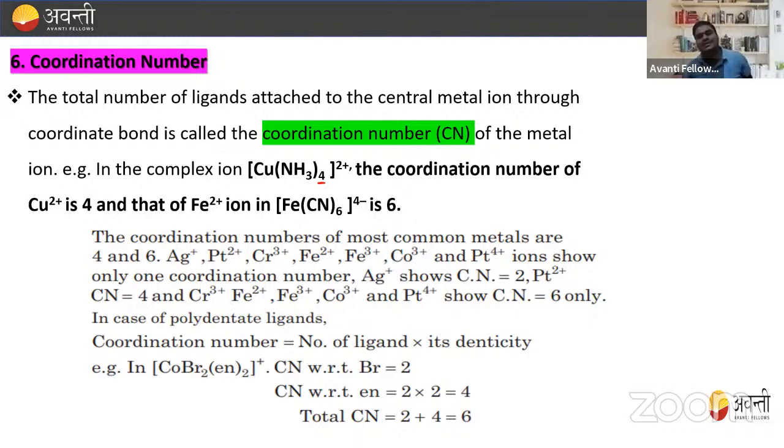In the case of a polydentate ligand, the coordination number is equal to the number of ligands multiplied by their denticity. For example, in this case, [CoBr2(en)2], en acts as a polydentate ligand having 2 donor groups. So the coordination number with respect to Br is equal to 2. The coordination number with respect to en is equal to 2 into 2, because en stands for ethylene diamine. What is the structure of this?